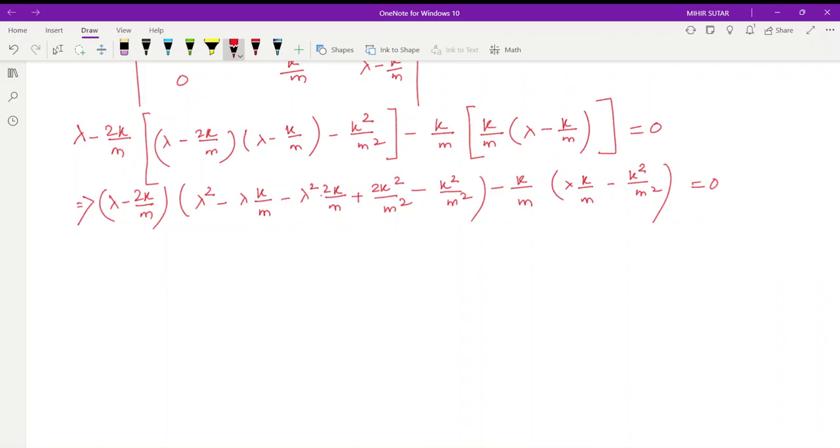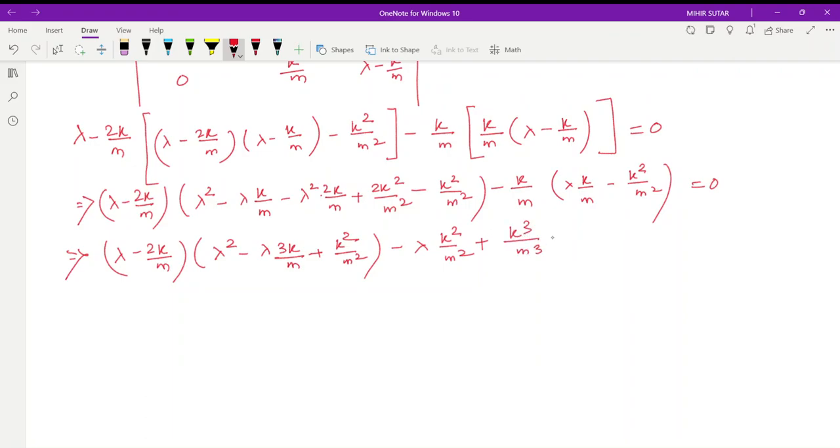Okay. Or we can write this equation as lambda minus 2k by m into lambda square minus lambda 3k by m plus k square by m square, minus lambda k square by m square plus k cube by m cube is equal to 0.